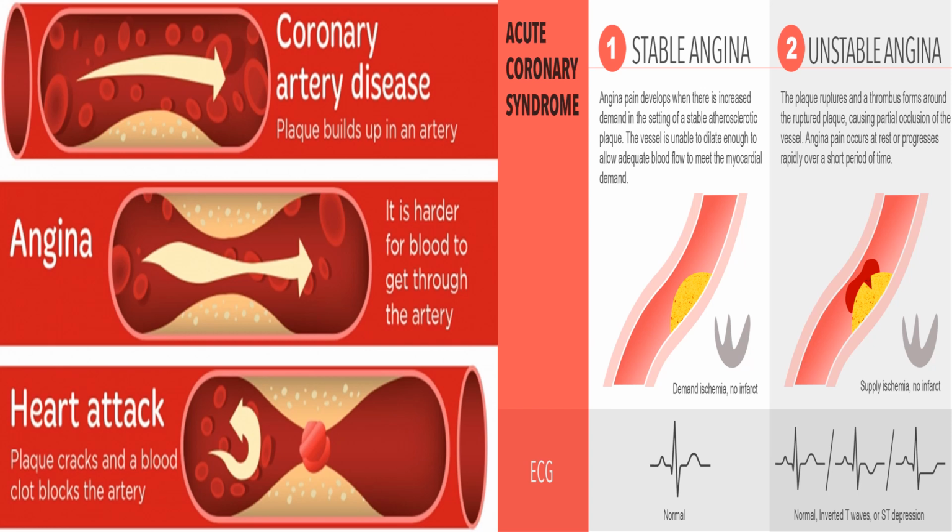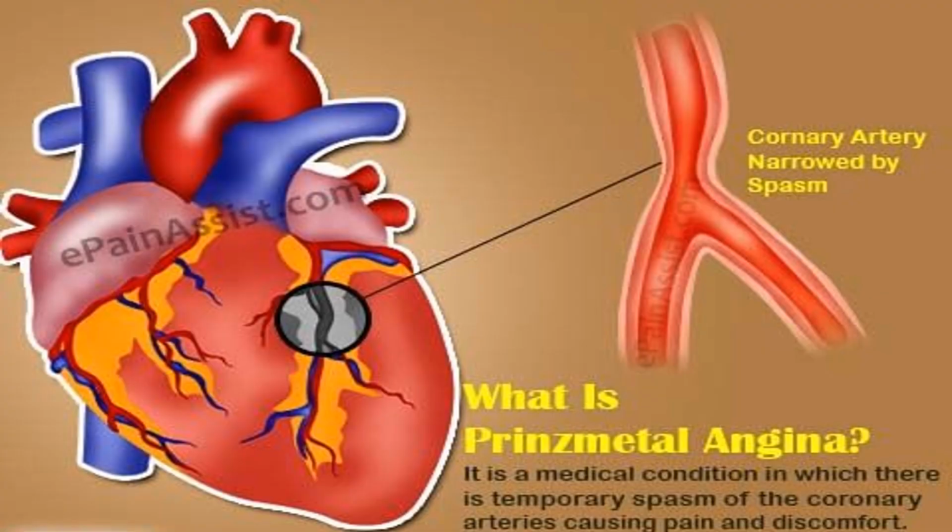Stable angina shows a normal ECG, and unstable angina will show you either a normal ECG, an inverted T wave, or ST depression. The other form of angina we were talking about is Prinzmetal angina, and it is due to transient coronary artery narrowing or spasm.